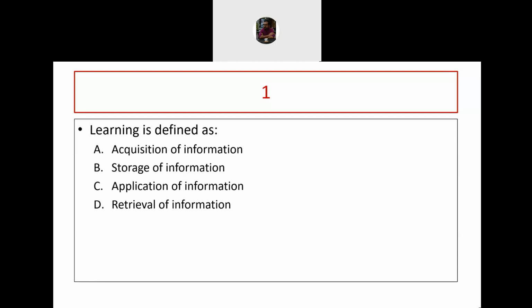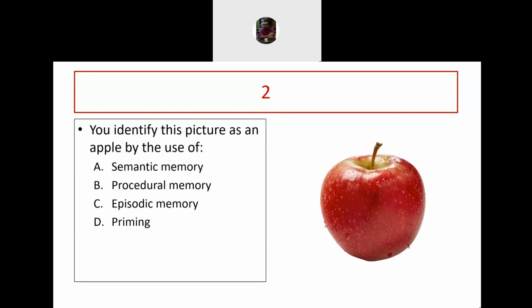The next question. So if you identify this picture and immediately say that this is an apple, what form of memory are you using?